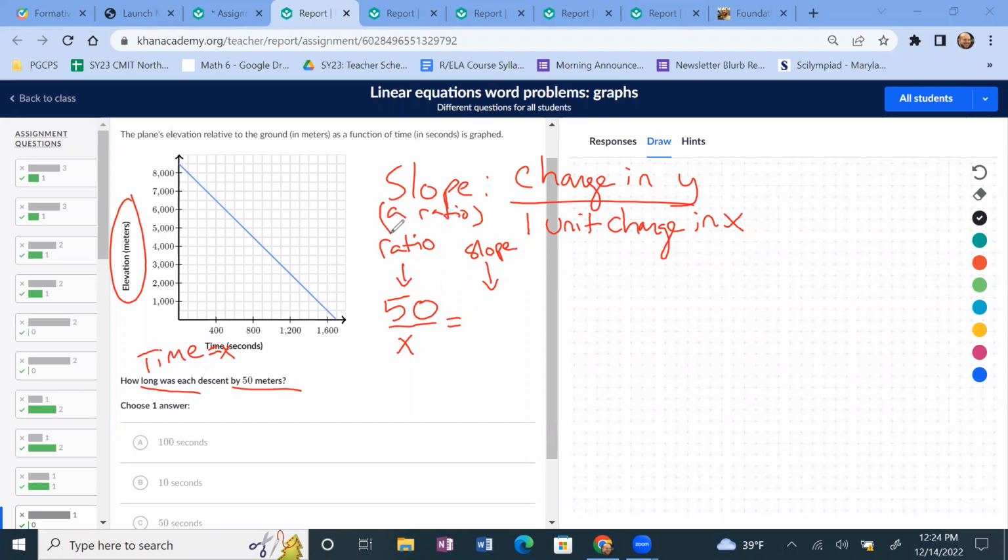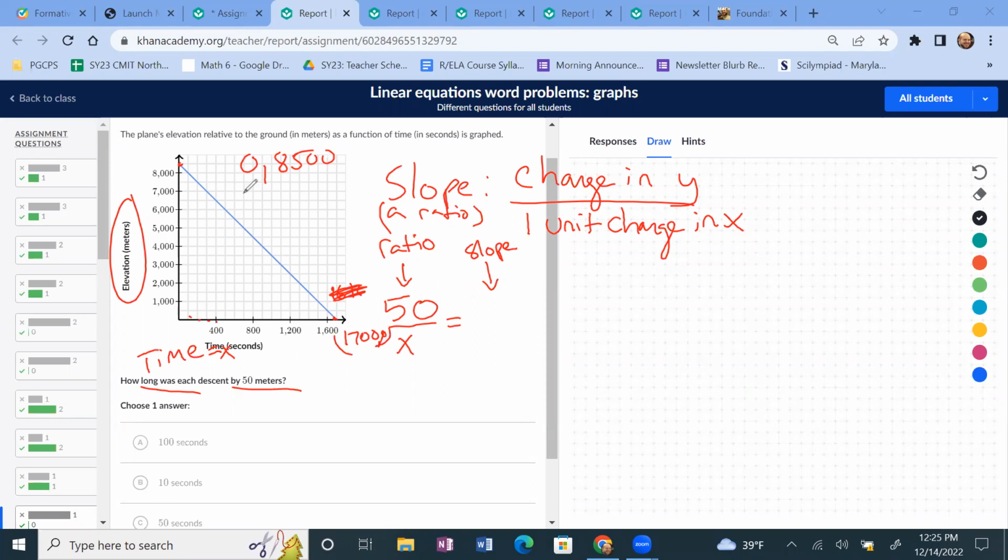Okay, so what is the slope? I have some easy points here, 0, 8,500, and I have this point here. What is that point? We're counting by 100, so it's 1,700, 0.